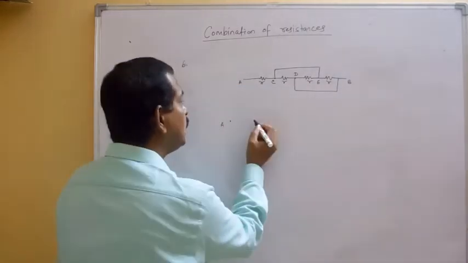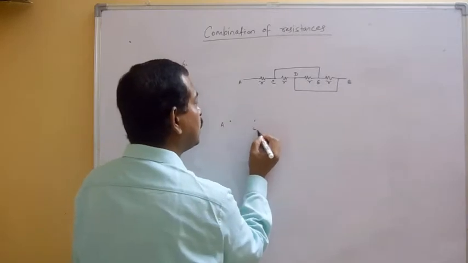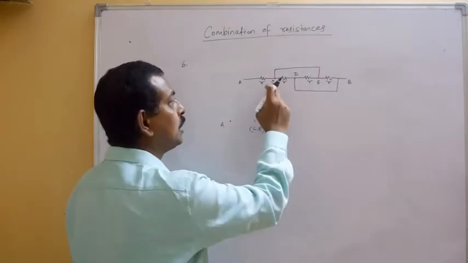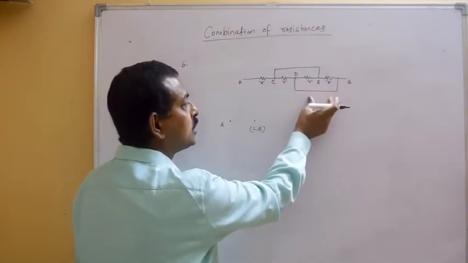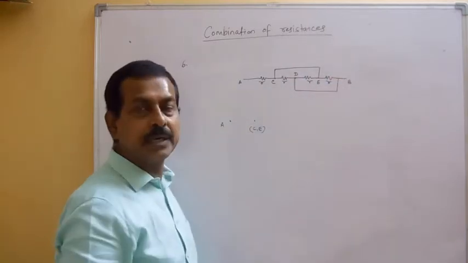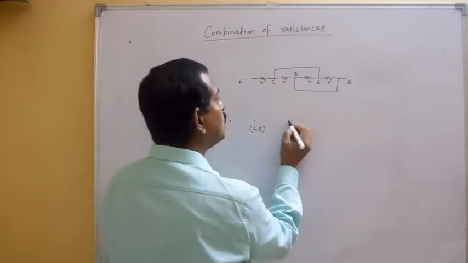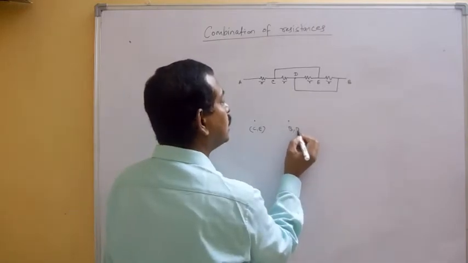So C and E, suppose we represent here to be at same potential. D and B will be at same potential because this is also connected by a conducting wire there. So it is your B and D connected.